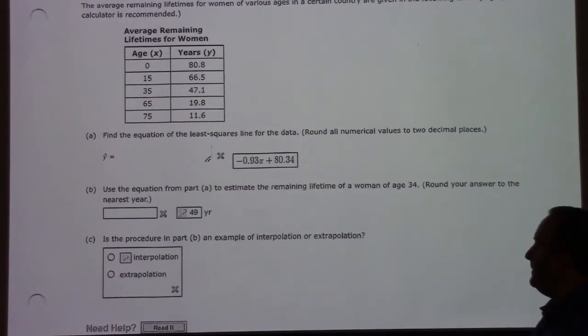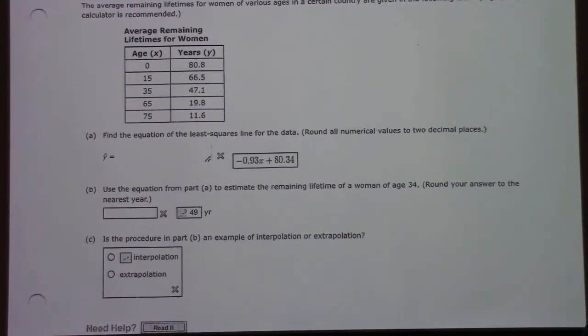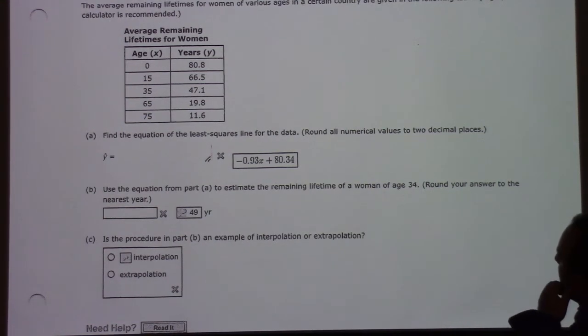All right? Now, it says, is this procedure in part B an example of interpolation or extrapolation? So if you look at the range of the data here, it says remaining lifetimes for women of various ages in a certain country.